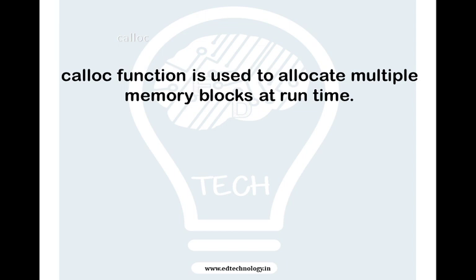One thing you need to remember is that it initializes each block with the default value 0. Anytime somebody asks you, remember that the default value once you initialize with calloc is 0.